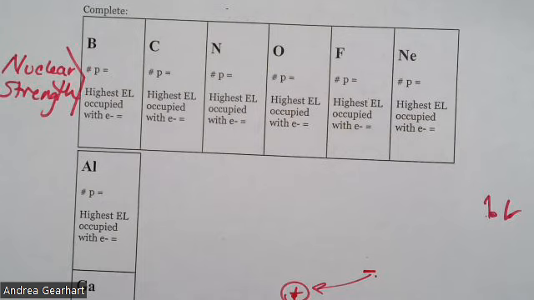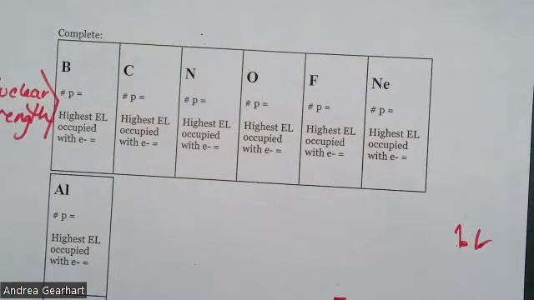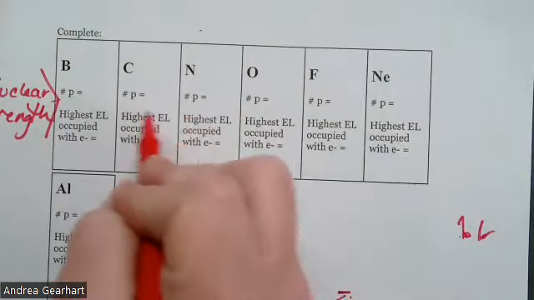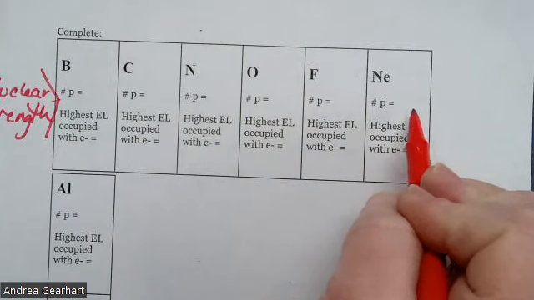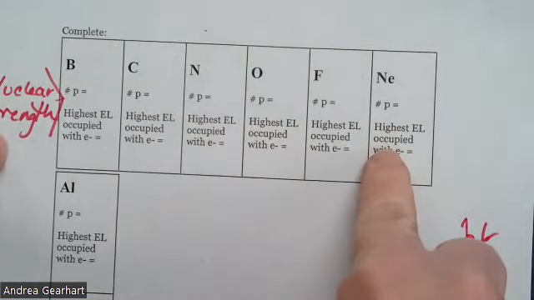But this magnet, so we know there can be different strengths of magnets. Well, it's along the same line. So we can imagine that the more protons, the greater the strength of the magnet. Across a period, nuclear strength increases, more protons.